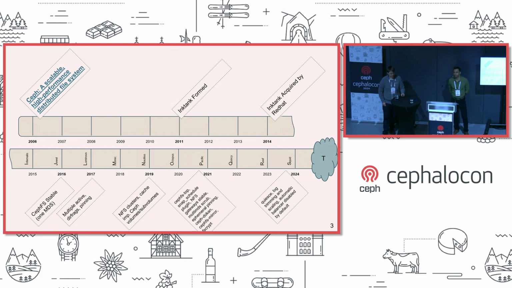In 2017, we put out the Luminous release, which was exciting because we declared multiple active metadata servers stable. We also introduced static pinning, so you could pin certain directory trees on a particular active MDS. And then in 2019, with the Nautilus release, we introduced NFS clustering and a number of caching improvements to the MDS for large production deployments.